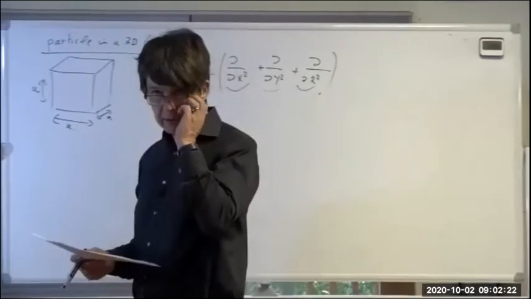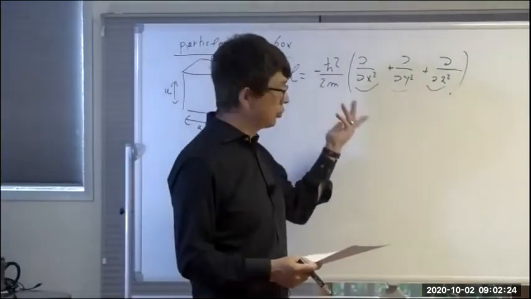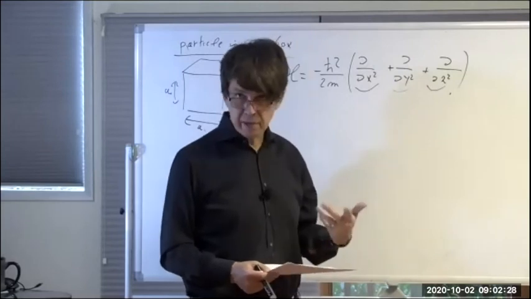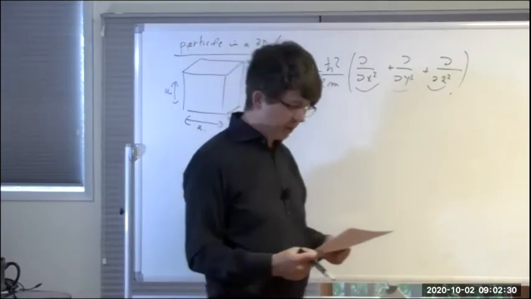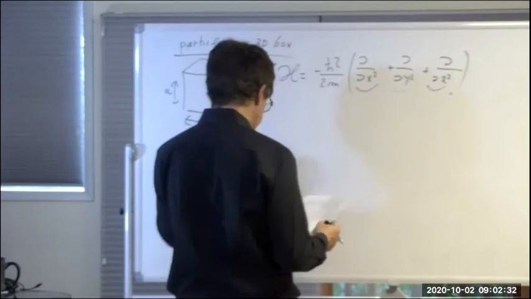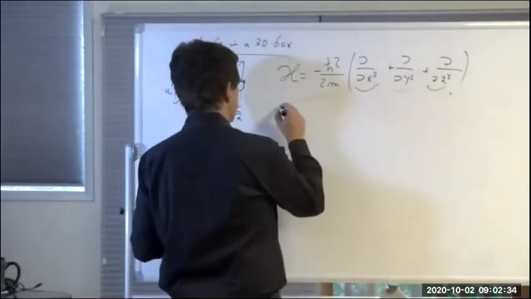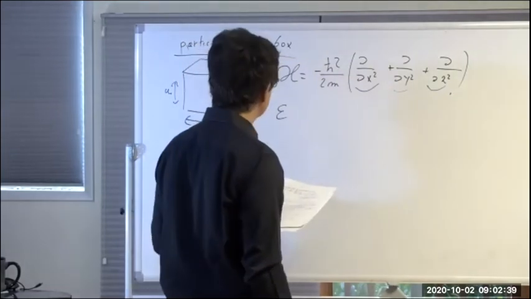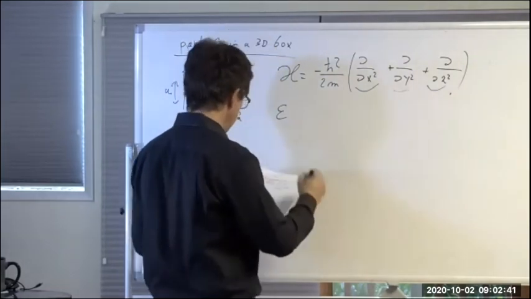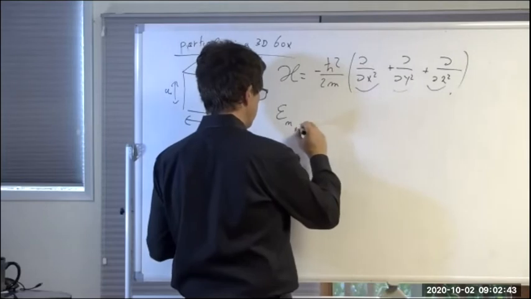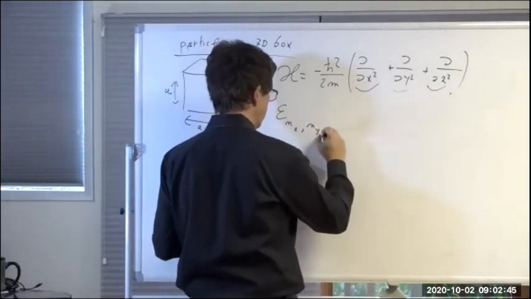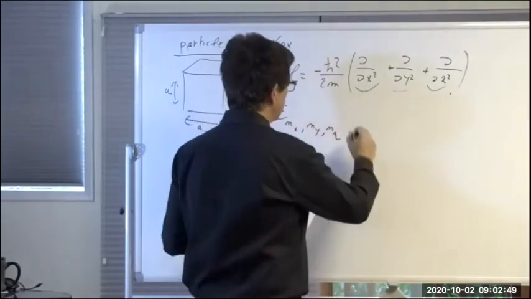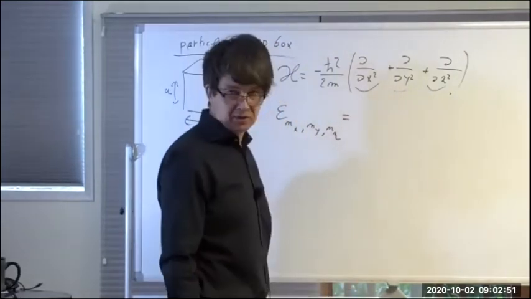And so you can solve this as the superposition, like we did before, of 3 1-dimensional particle in a box problems. So that means that now I have 3 quantum numbers. So the energy now depends on an x quantum number, a y quantum number, and a z quantum number, which measures the state, right?